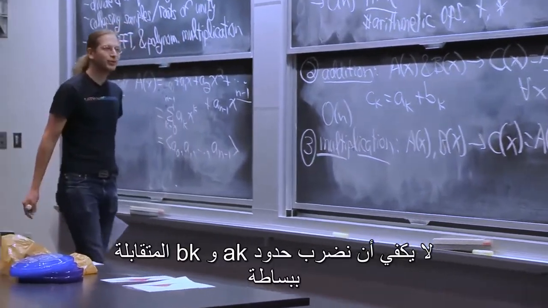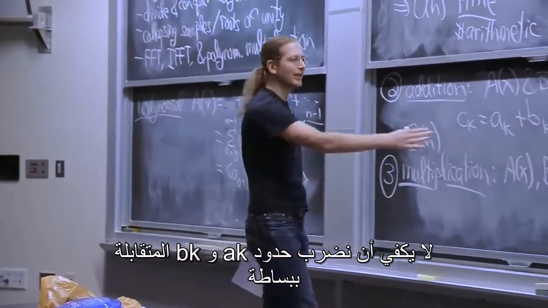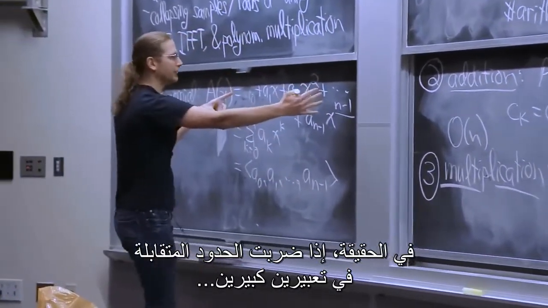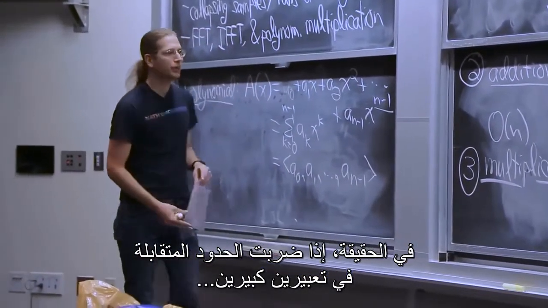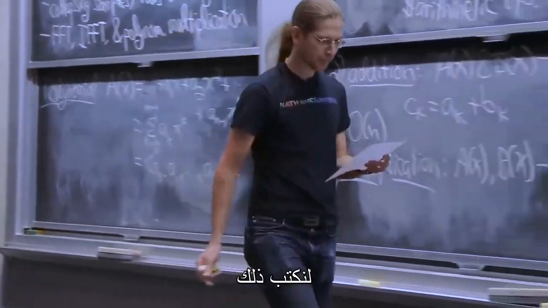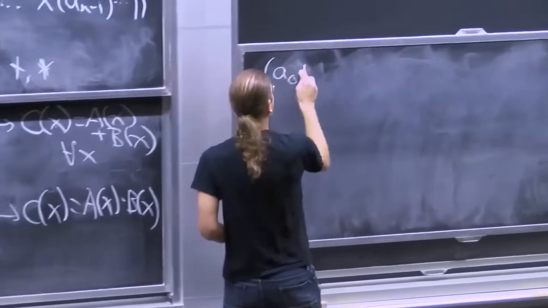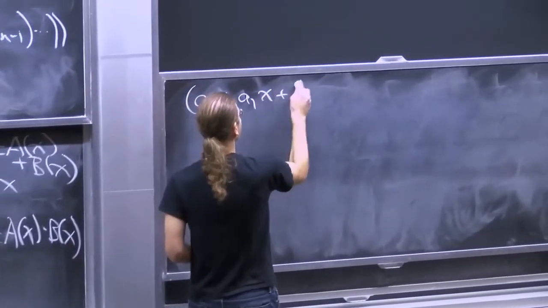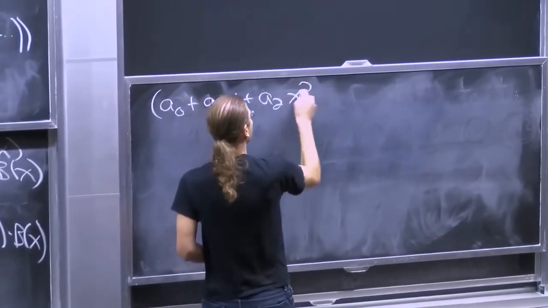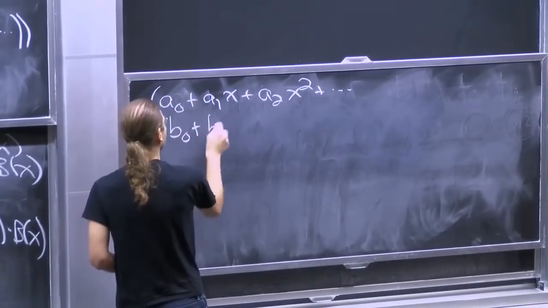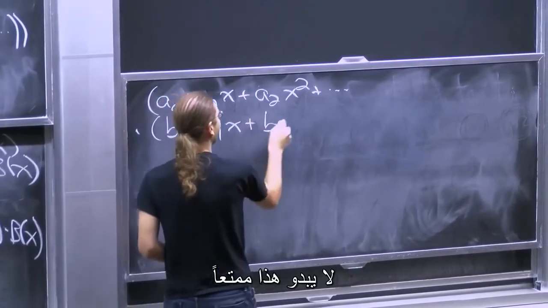We can't just multiply corresponding aks and bks. In fact, if you take a big thing like this, you multiply it by a corresponding big thing. Let's do it. This doesn't look like fun.